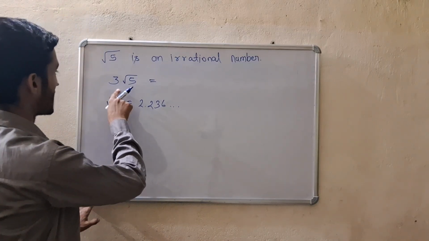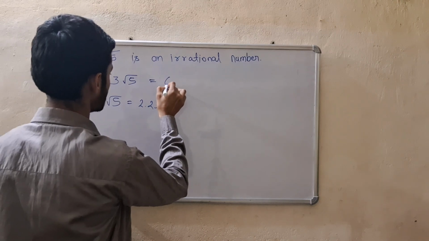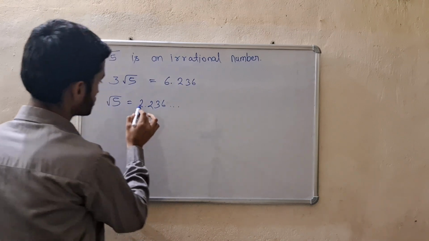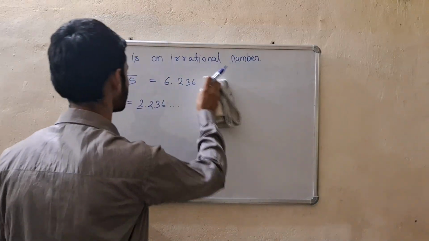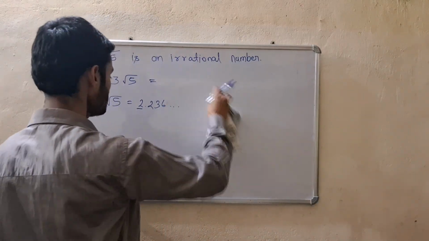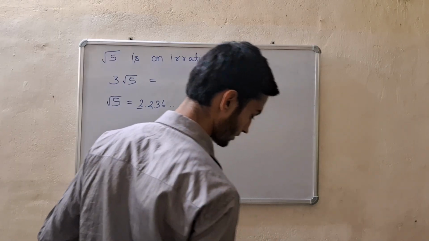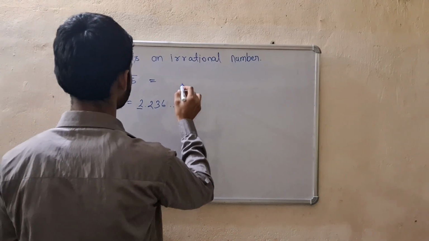So 3 times square root of 5 will be, sorry, that is not like that, you have to multiply everything.